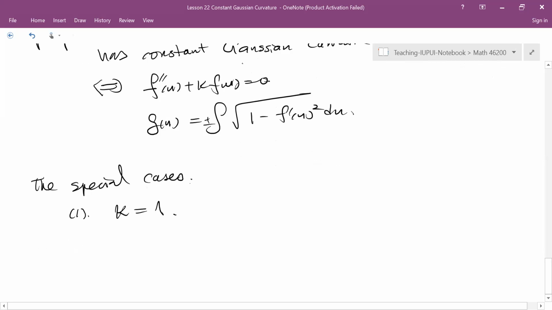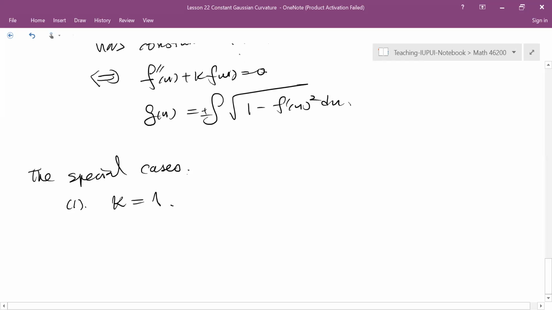Now, k equals 1, since the square root of k is also 1, f of u is going to be, I just choose sine of u.